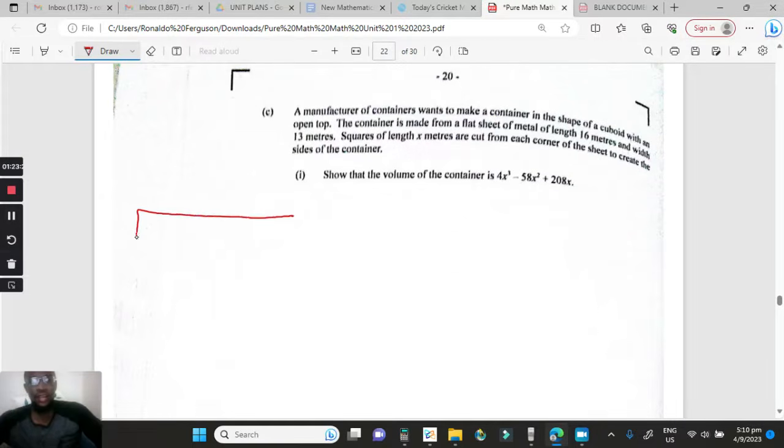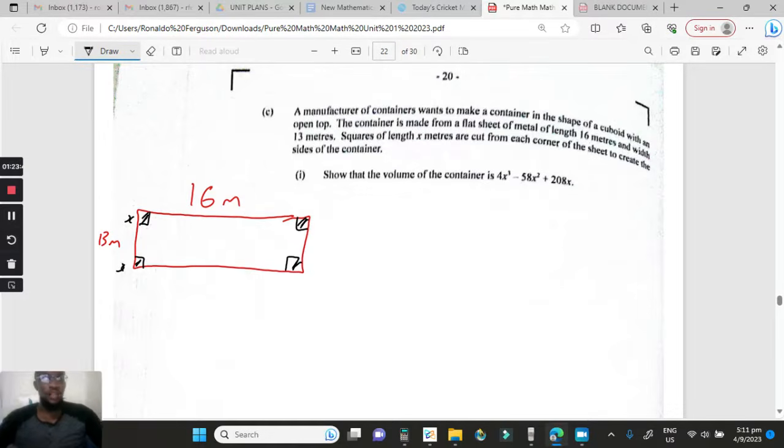So here's a flat container, and the length is 16 meters and the width is 13 meters. Squares of x meters are cut from each corner. So this piece comes off, this piece, this piece, and this piece come off. Since we cut off all of that, they say show that the volume is that amount.